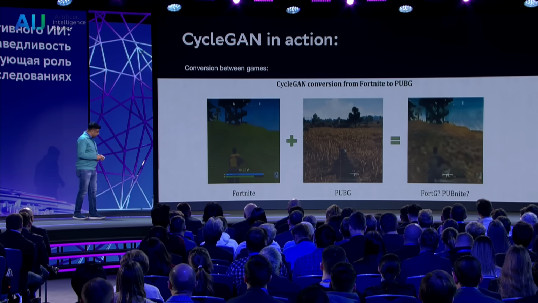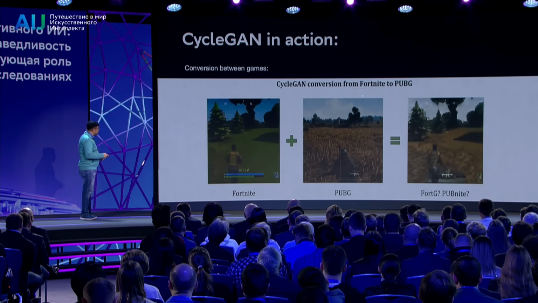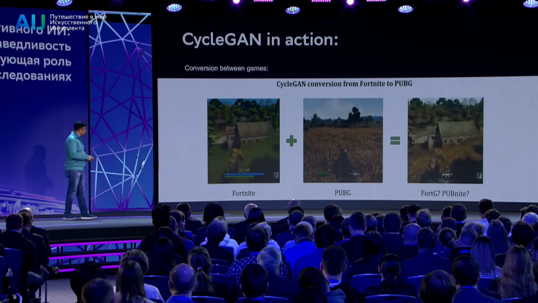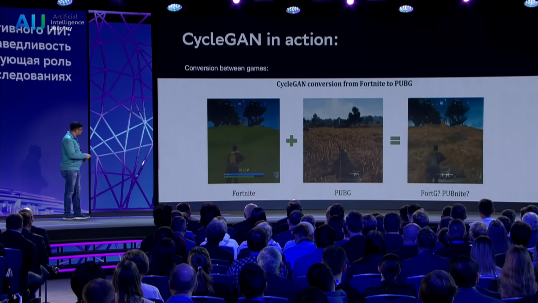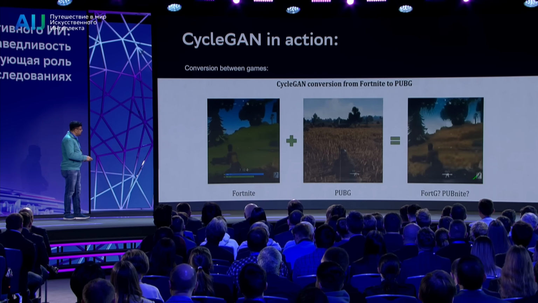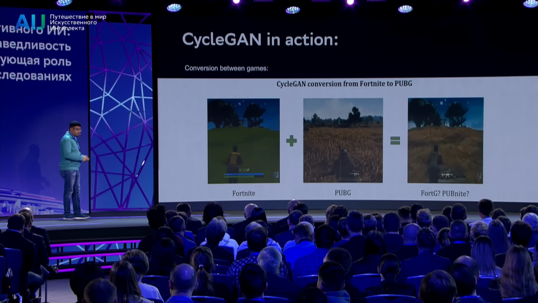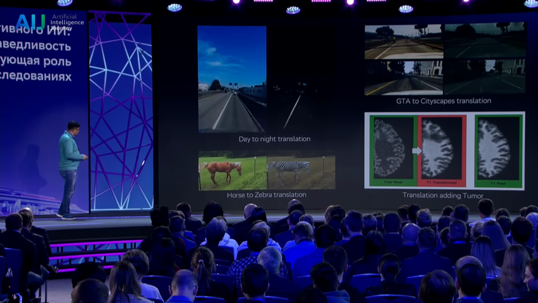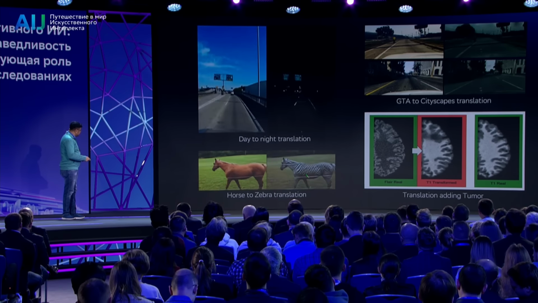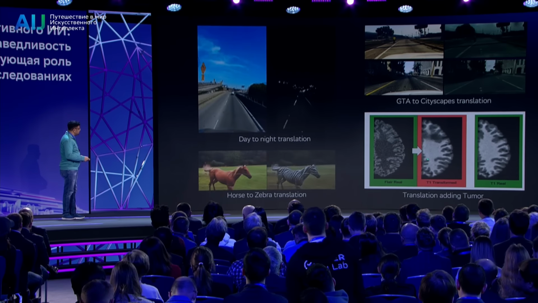So this is an example where you can see the Cycle GAN conversion from Fortnite game to the PUBG game. So you add the PUBG style with the Fortnite, and you get this sort of an image which you cannot tell whether it's Fortnite or PUBG. Similarly, this was the horse-zebra conversion in video form. You can have the translation.